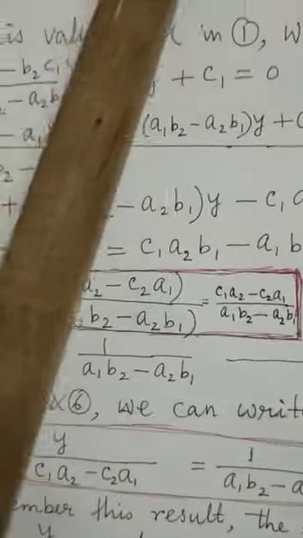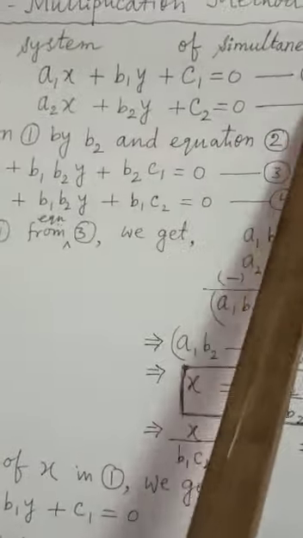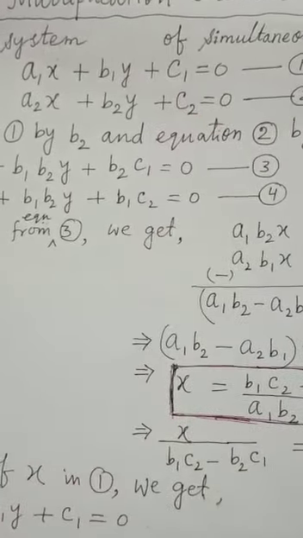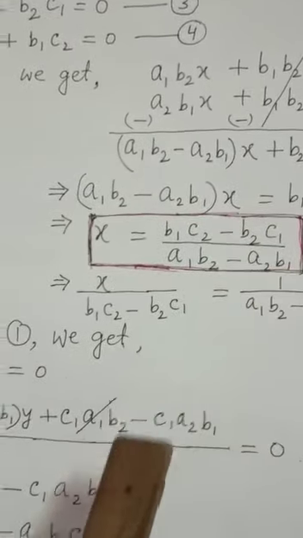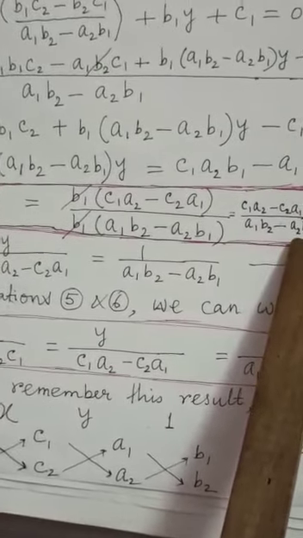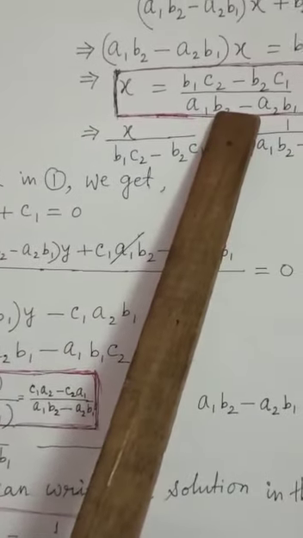So when we are given a system of linear equations like this, then to solve that pair of linear equations we can directly use these results to solve for x and y. But it is difficult to remember this result.